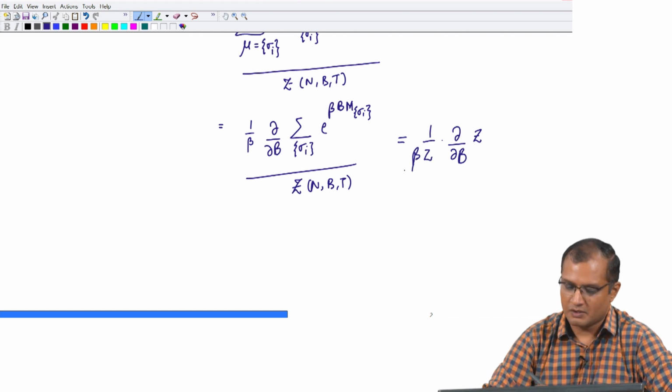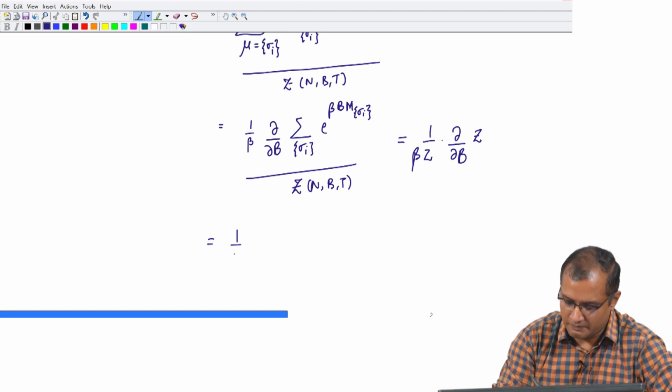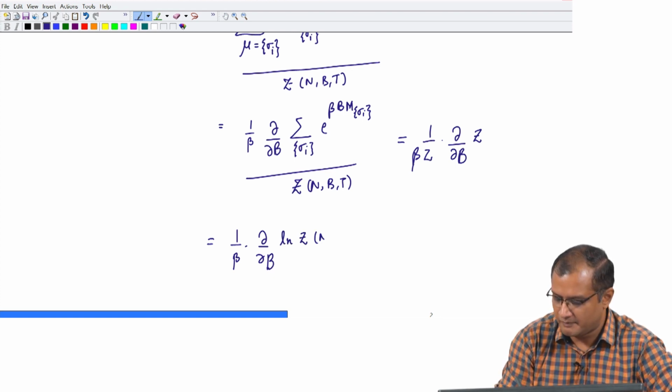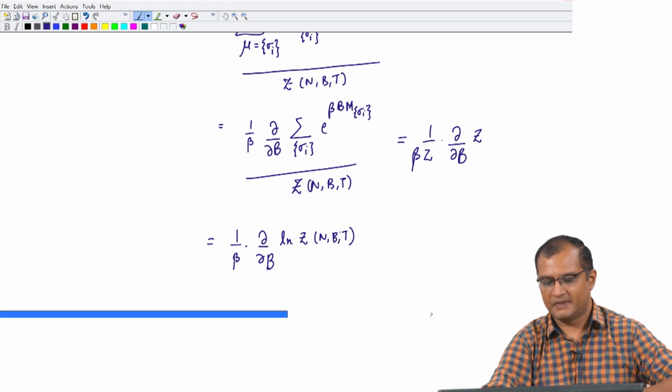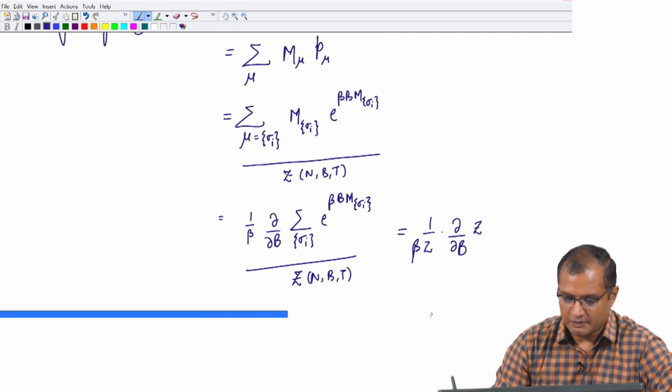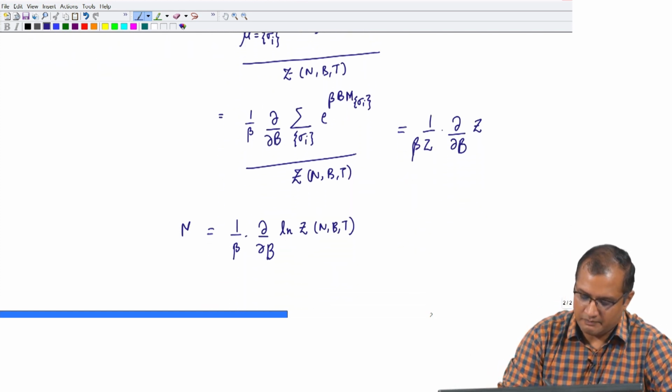So, this is nothing but 1 upon beta d by dB of ln Z. That is the value of the average magnetization.